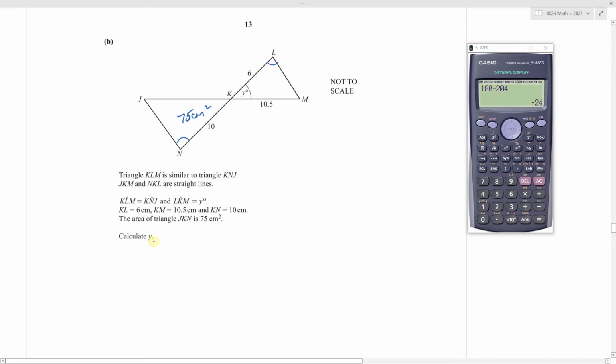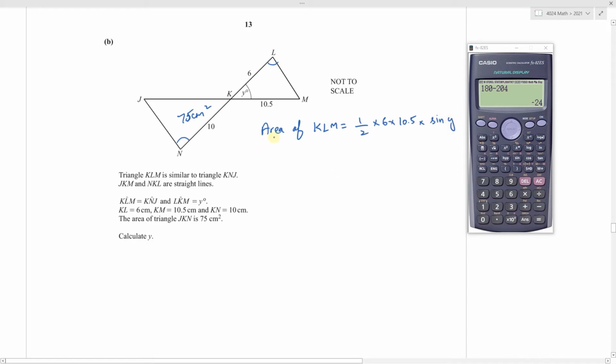So to calculate the value of y, which is this angle here, I have this triangle KLM. I know the lengths of the two sides that make this angle y. So I know that area of this triangle KLM will be 1 by 2 into this side, 6 into 10.5 into sine of y.